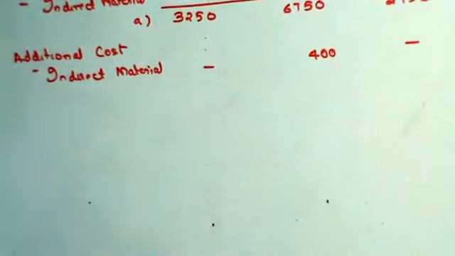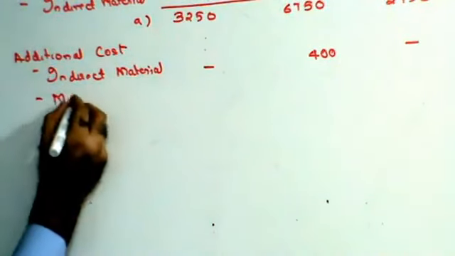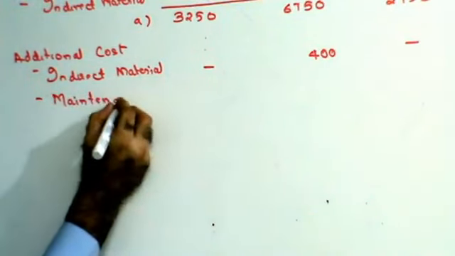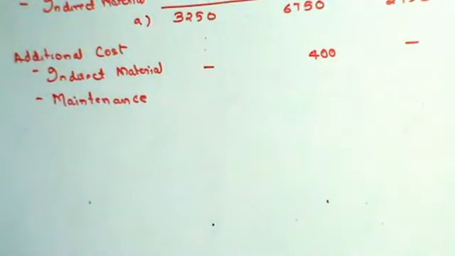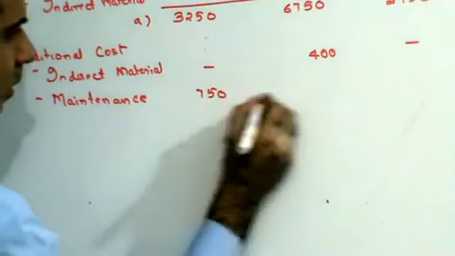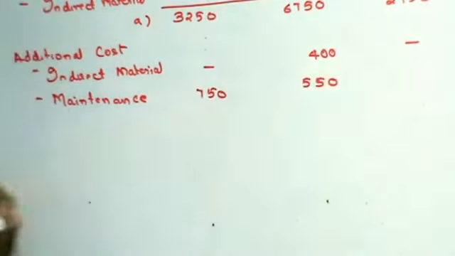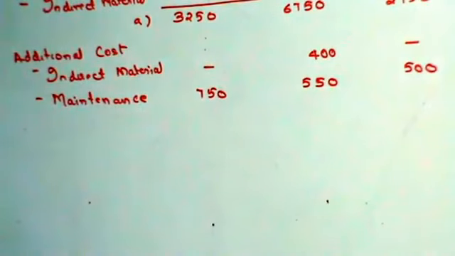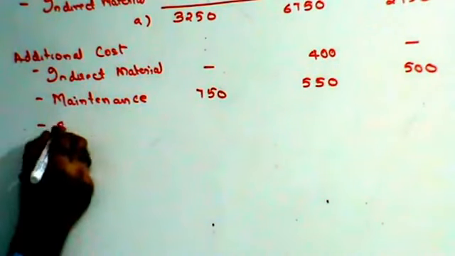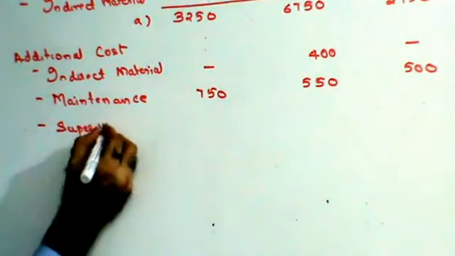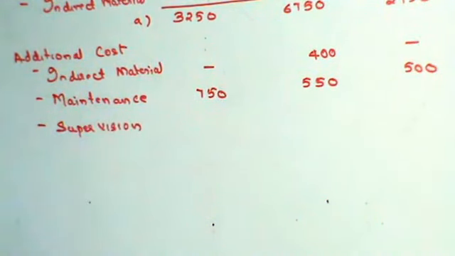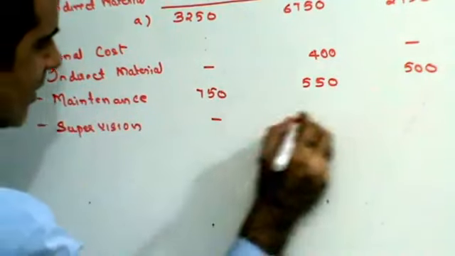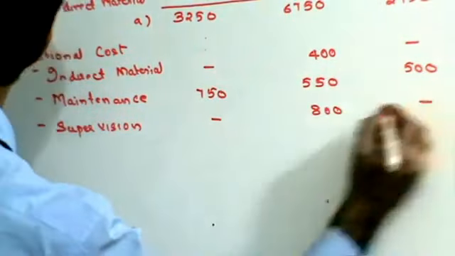Then they've also given you additional cost of maintenance. Additional cost of maintenance is given to you as 750, 550 and 500. Then they've given you additional cost of supervision. Additional cost of supervision is given to you as nil, 800 and nil.